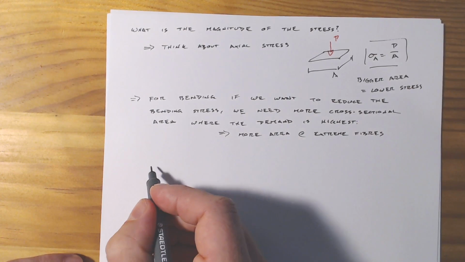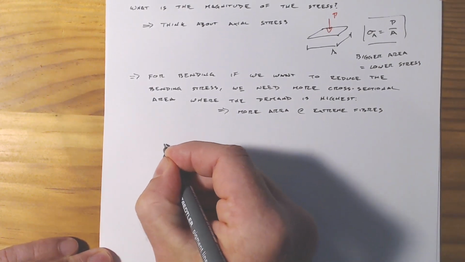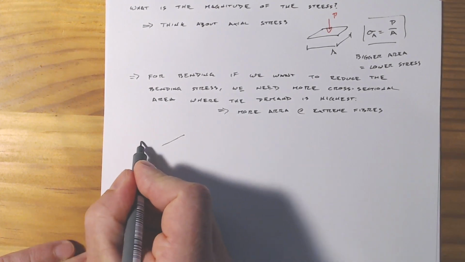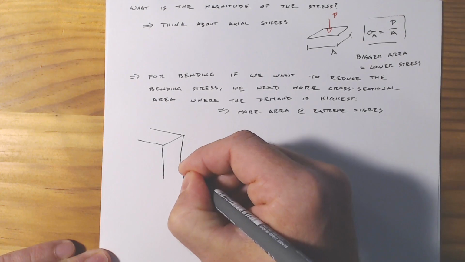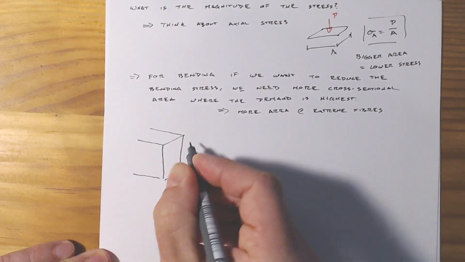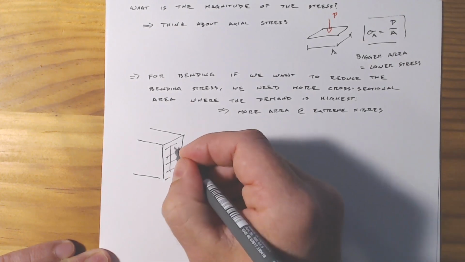So let's just draw a quick image of what I mean by that. If we've got, just say, a rectangular cross section, which we've been looking at here, and we discretize it into a number of different fibers.